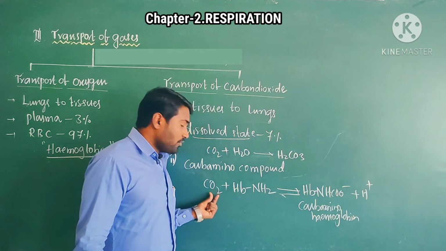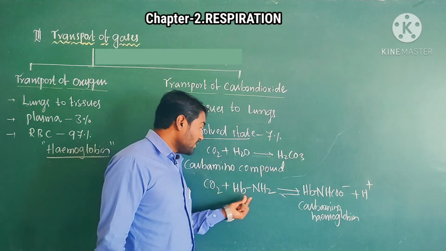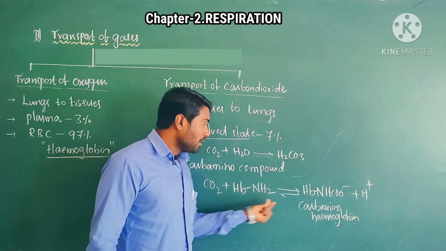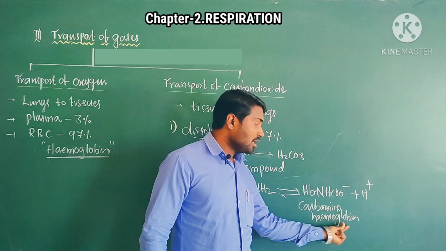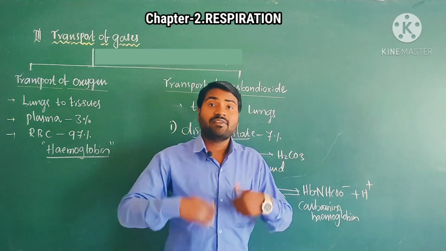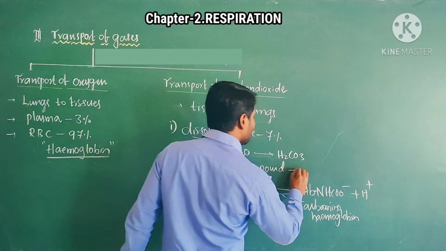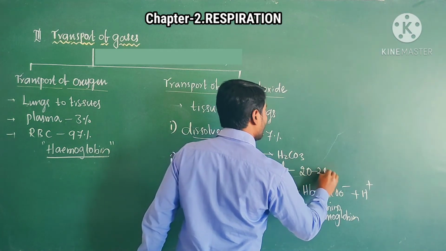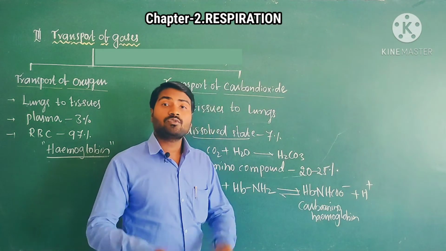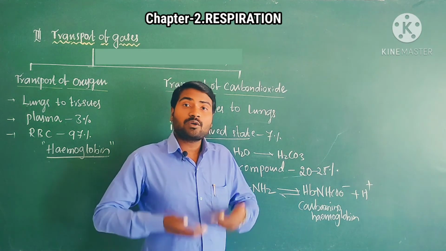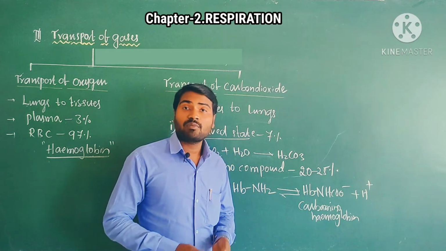So when carbon dioxide reacts with the amine group of hemoglobin, it becomes carbaminohemoglobin. In this way carbon dioxide returns to the lungs. Its percentage is 20 to 25, so nearly 20 to 25% of carbon dioxide returns to the lungs in the form of carbaminohemoglobin.